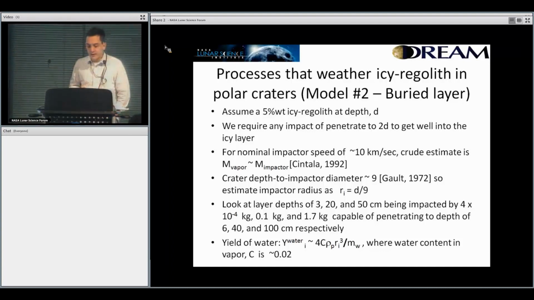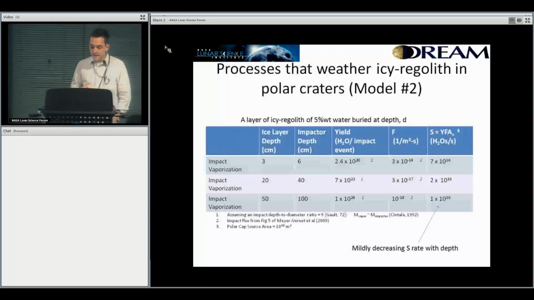And then we have the other surface model where we have the buried layer of water. Only impacts can access this water, and we assume this higher concentration of water at some depth D. We require the impact to penetrate farther than that depth to get well into the icy layer. And assuming a nominal impactor speed and an impactor mass, we can estimate the amount of water vapor that's created, as well as the area from which it's emitted.